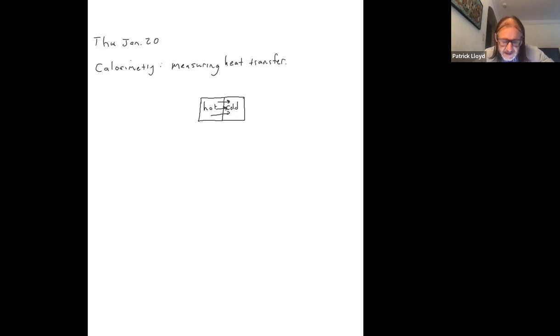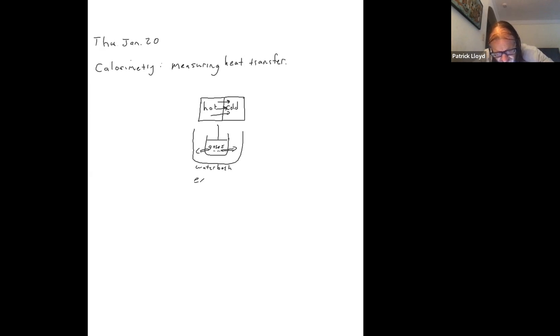And so if a chemical reaction is occurring, so let's say we have our cylinder here and there's some gases in here that are reacting with a piston, and then we put a water bath around it. If the reaction is exothermic, it will release heat into the water.